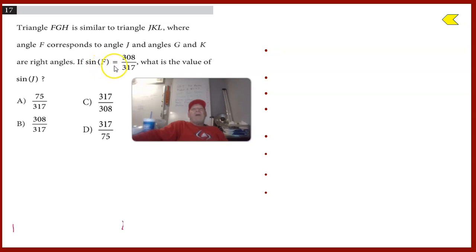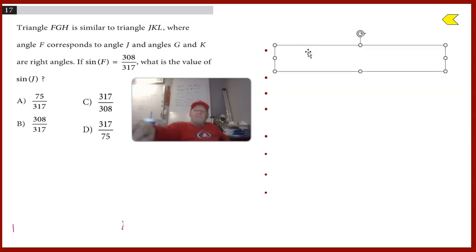If the sine of F equals 308 over 317, what's the value of the sine of J? So I just now realized that G and K have to be right angles, so my figures may be wrong and I may have to redraw them. So if that's the case, be patient with me and I will redraw them, okay?